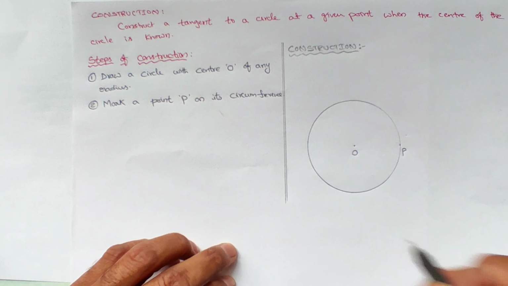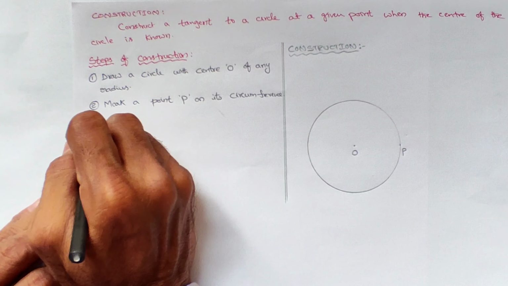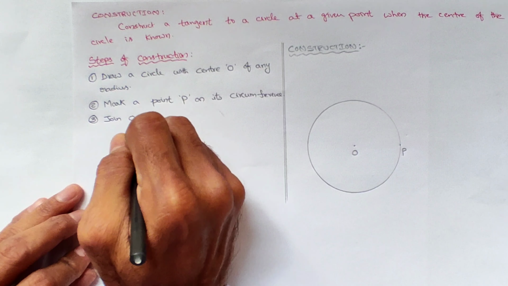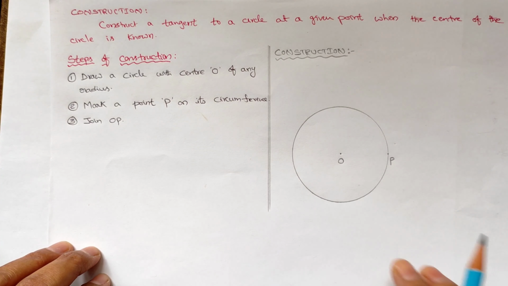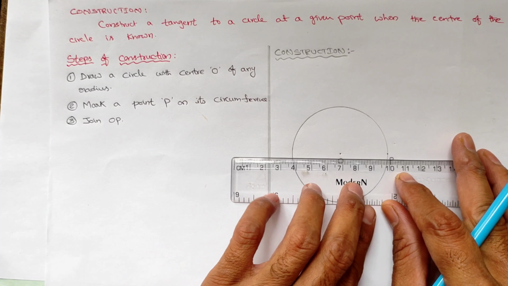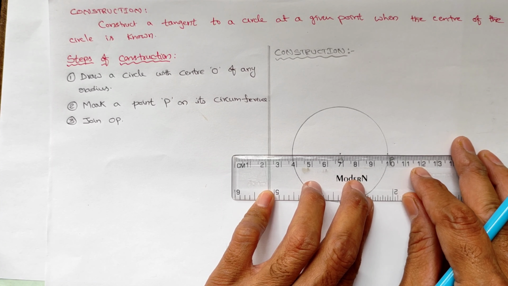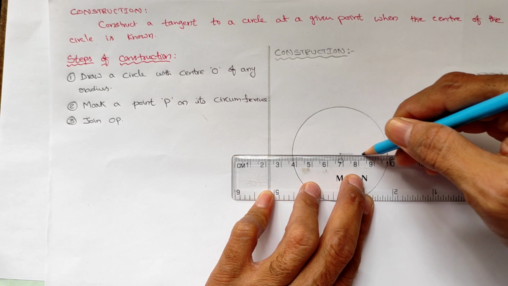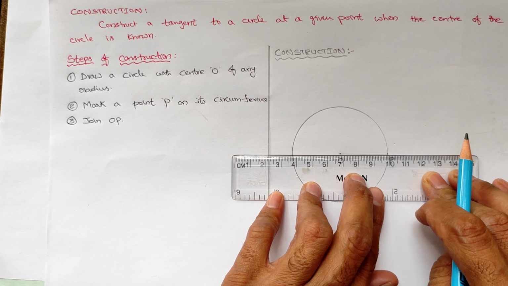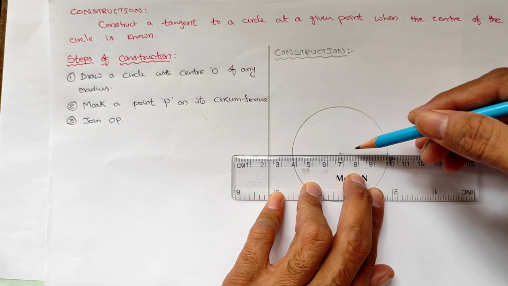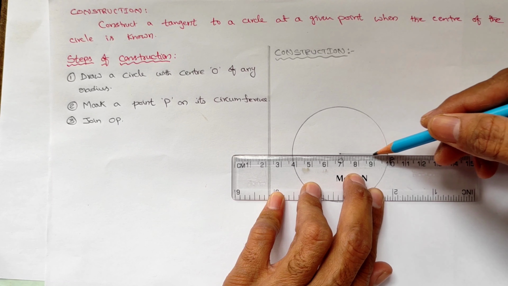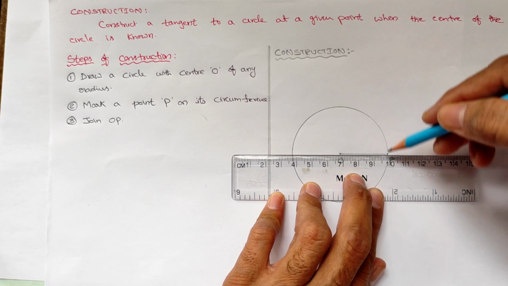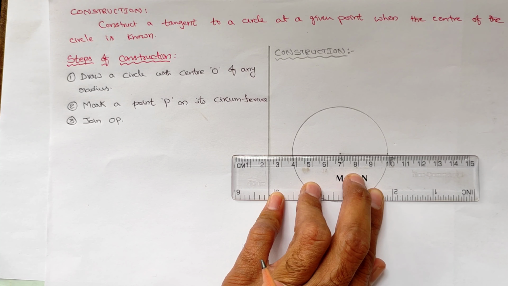Now the next step is to join OP. Okay, let's join OP now. OP is joined, and we know that the angle between the radius and the tangent at the point of contact is 90 degrees.